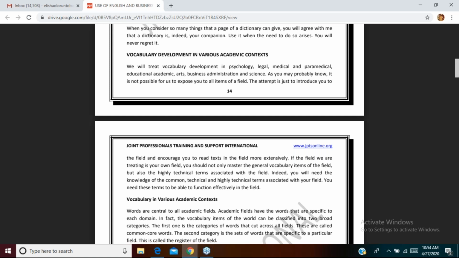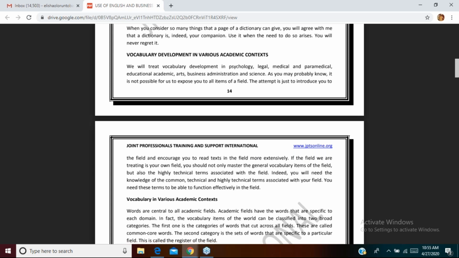We said vocabulary development in various academic contexts. We will treat vocabulary development in psychology, legal, medical and paramedical, educational, academic, arts, business, administration, and science.